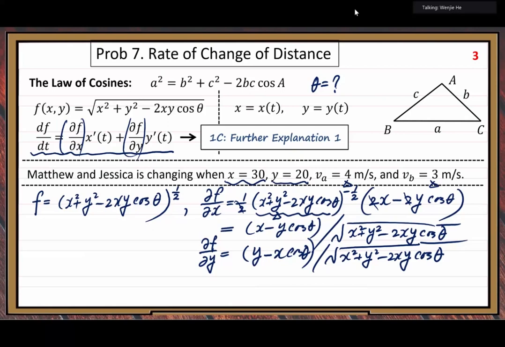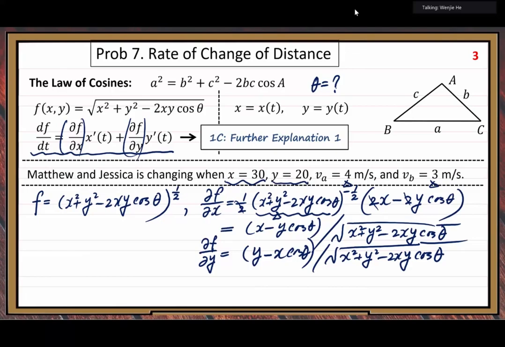But if you look at the original question, theta is not given. It's unknown. I checked the original question; theta is not given. Then we cannot get an explicit numerical value if we do not have theta.